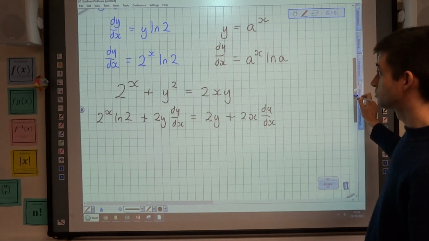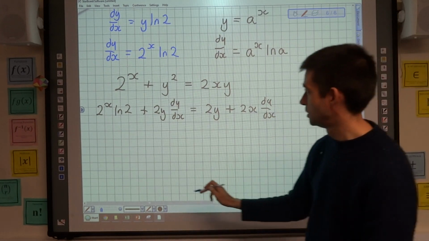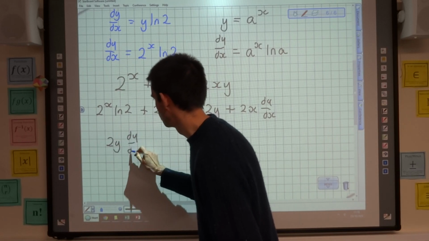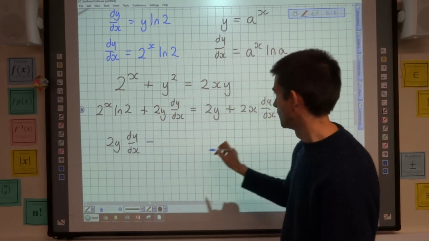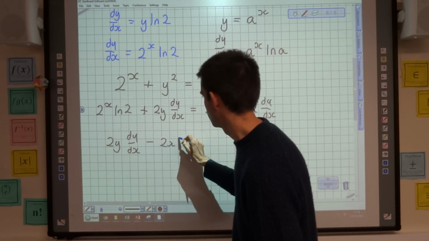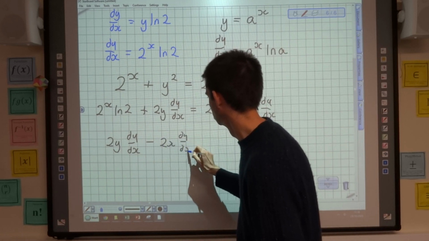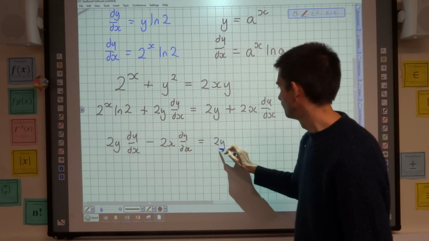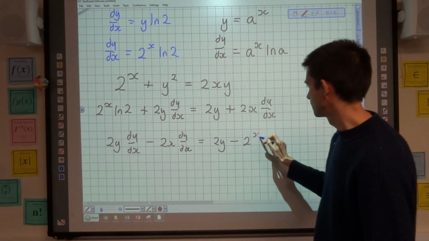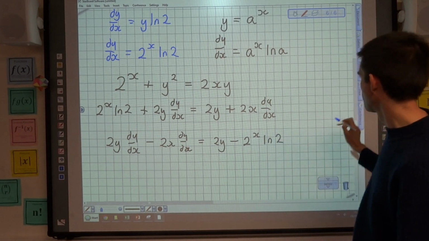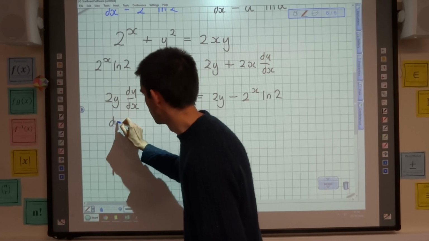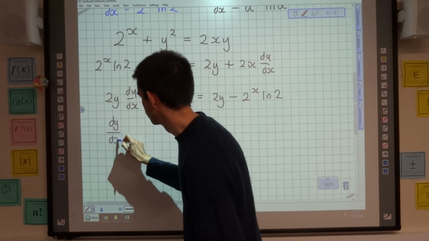Right, so I'm going to find an expression for dy dx, so I'm going to keep the 2y dy dx on the left and move the 2x dy dx over, and then that is going to equal 2y minus 2 to the x ln 2. Factorise out the dy dx on the left hand side, I should say.